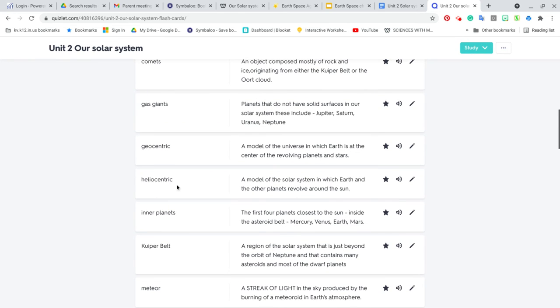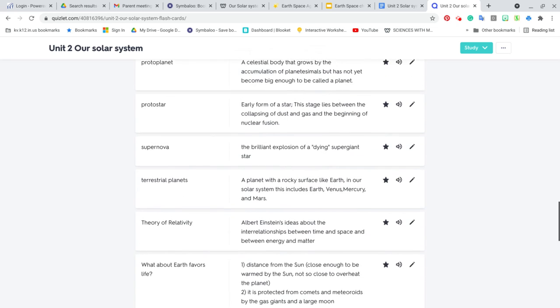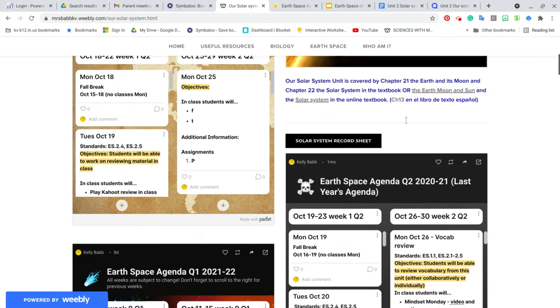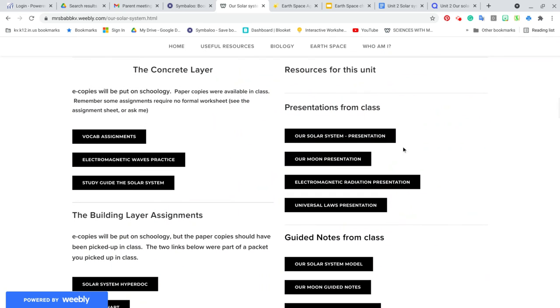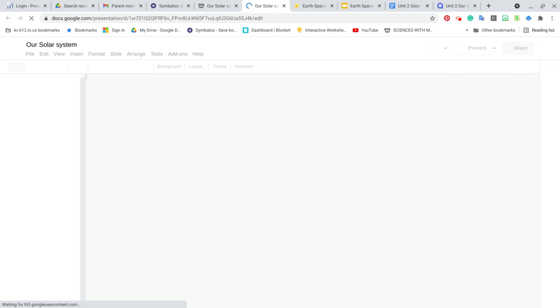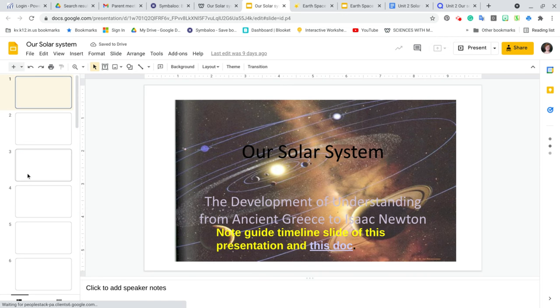There you go. Heliocentric, geocentric. That does not have the who. I need the who. I'm going to come over here and it will be in that one. Yes, that one. Our solar system.